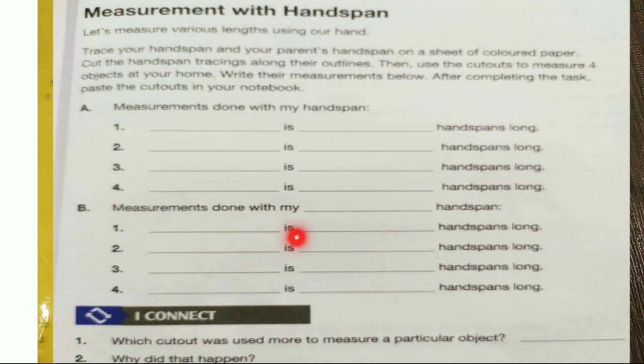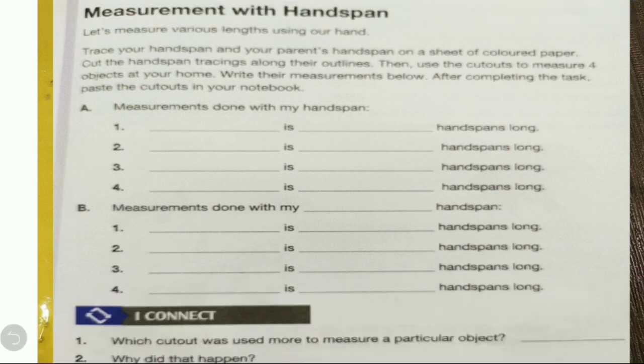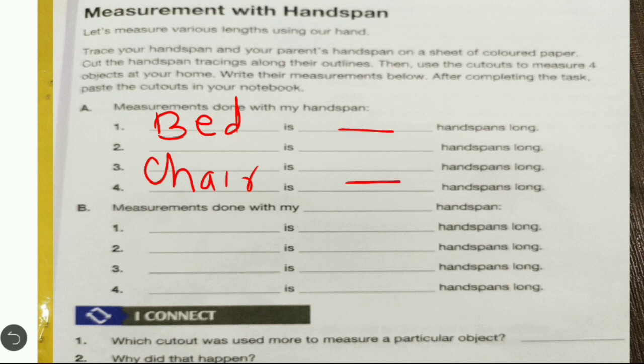Okay. Now after that, the measurement done with my father's hand span or mother's hand span, whoever it is. Then write down the same things. For example, you have done the measurement of the bed and the chair. Then you write down your hand span answer.